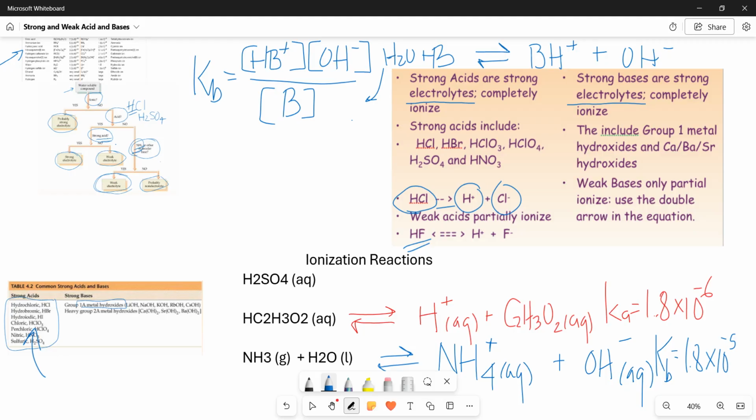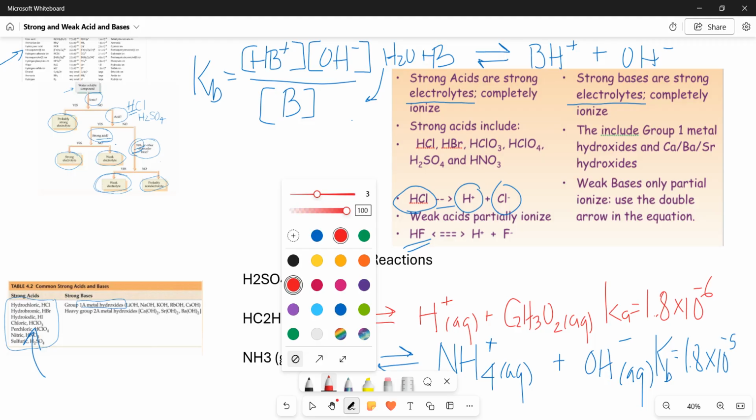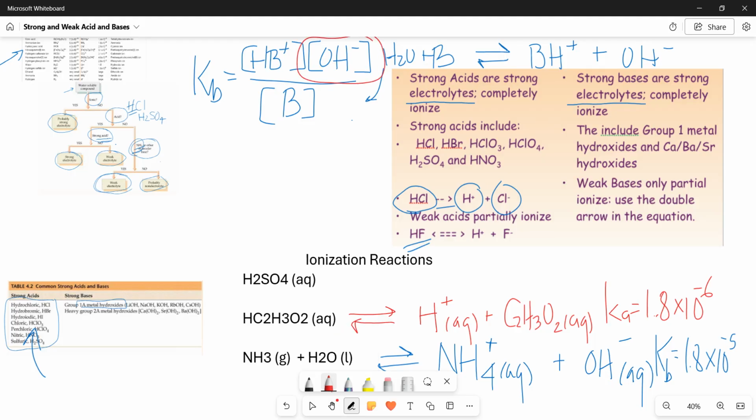Now, what we do is we use this concentration to solve for pOH. And the higher the OH concentration, the lower the pOH, which means it's more basic.